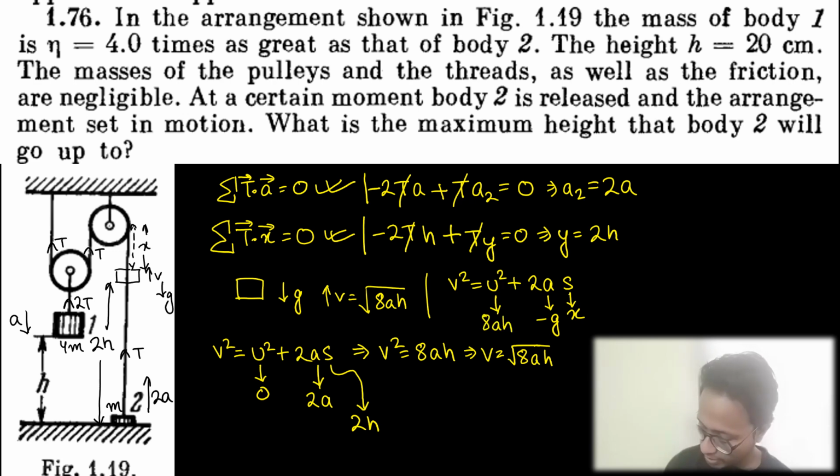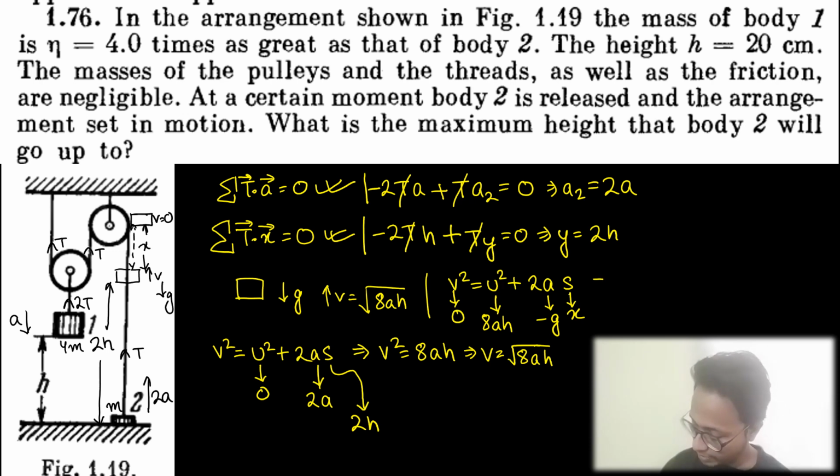And what is the final velocity as it reaches the topmost point? The final velocity out here would be 0, no? Because as the block reaches the topmost point, the velocity at the topmost point would be equal to 0. Then it would start coming down, no? Then again it would come here, and then again the acceleration would change. So out here, if we solve this, the final velocity becomes 0.